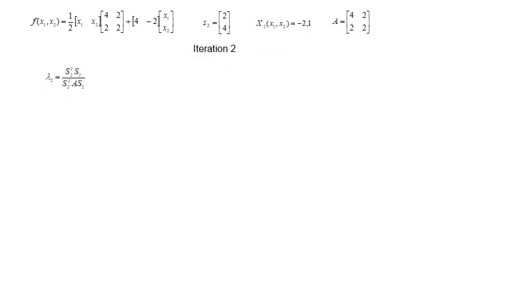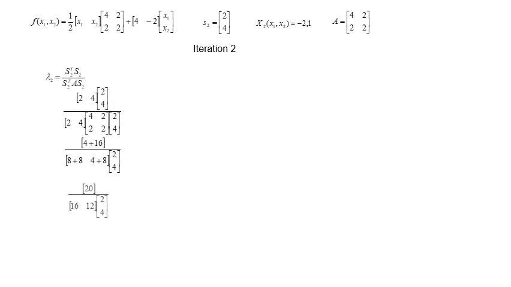In the second iteration, lambda 2 will be computed using S2 transpose into S2 divided by S2 transpose into A into S2. Thus lambda 2 is equal to 1 by 4. A new set x3 of coefficients will be calculated by adding lambda 2 S2 to the set x2 of coefficients.